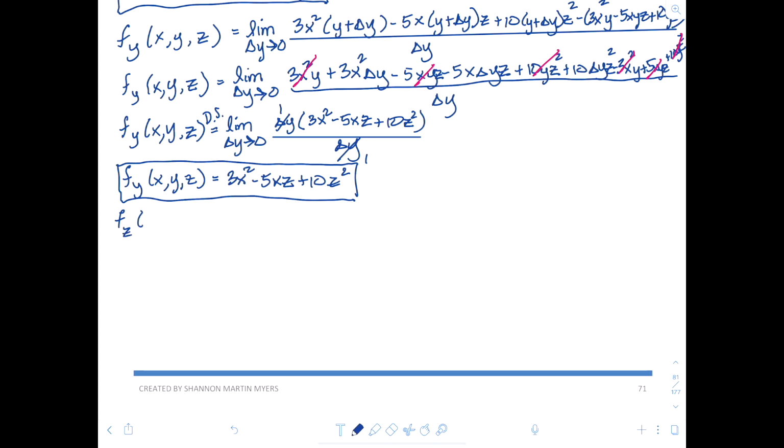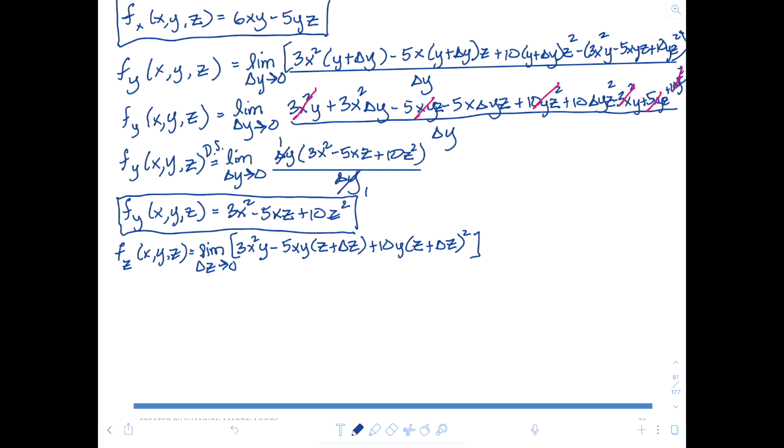The first partial derivative of f of x, y, and z with respect to z is equal to the limit as delta z approaches 0 of 3x squared y minus 5xy z plus delta z plus 10y z plus delta z, the quantity squared, so let me make sure my grouping symbols are all here so you guys can see what we did.